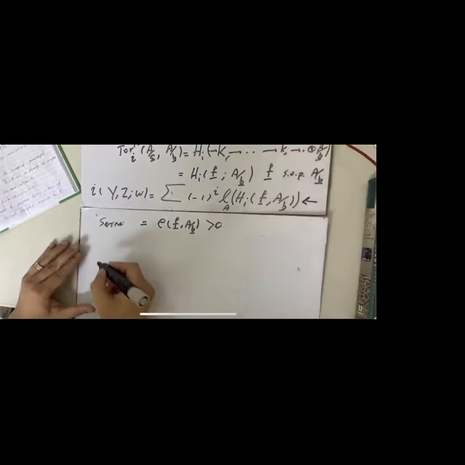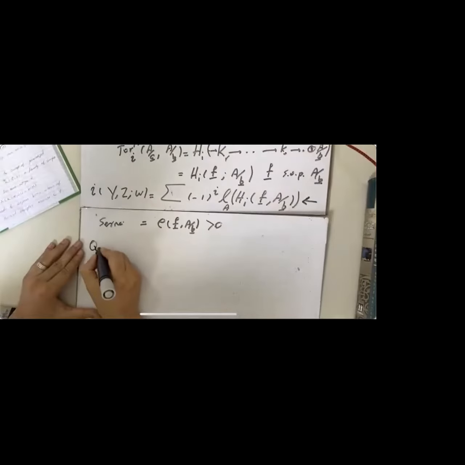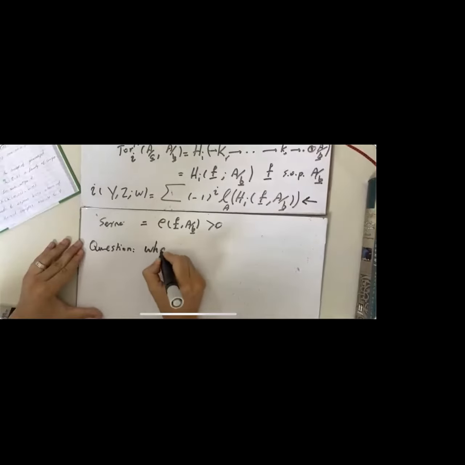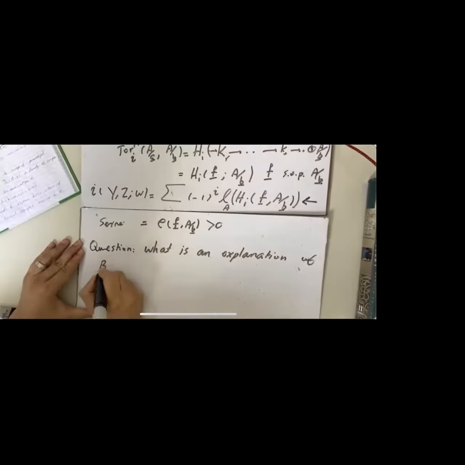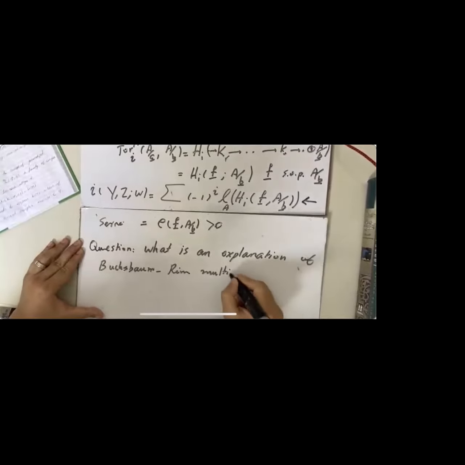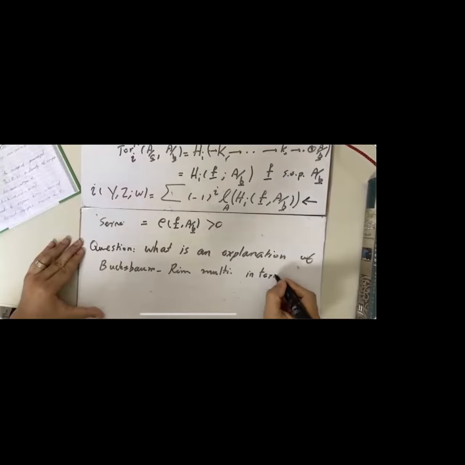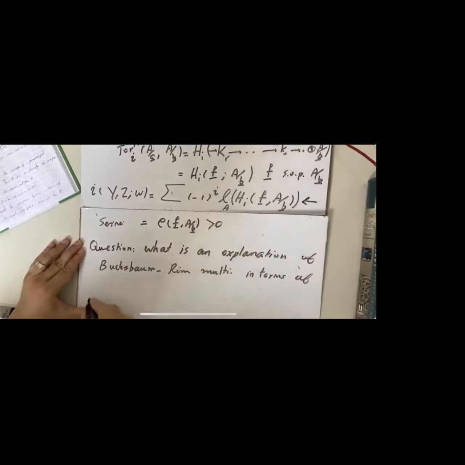So what would be an explanation? So the question is: what is an explanation of Buchsbaum-Rim multiplicity in terms of Koszul homologies?